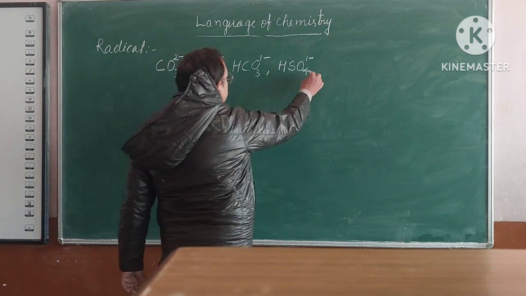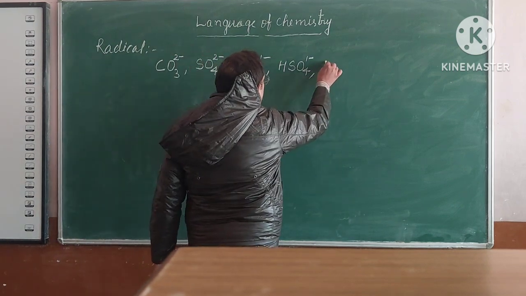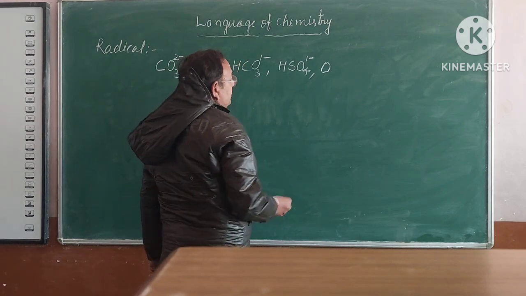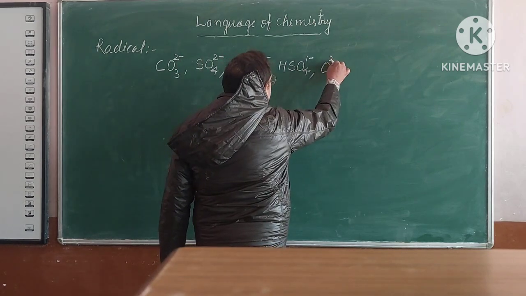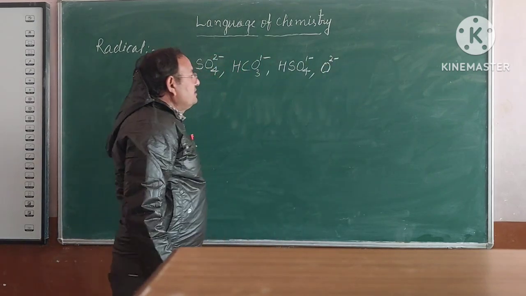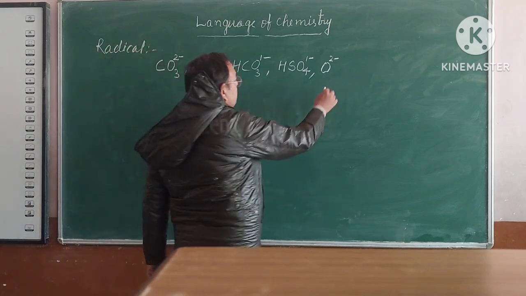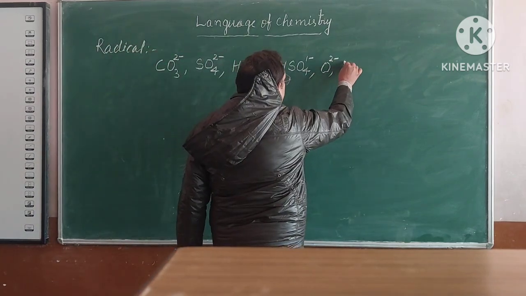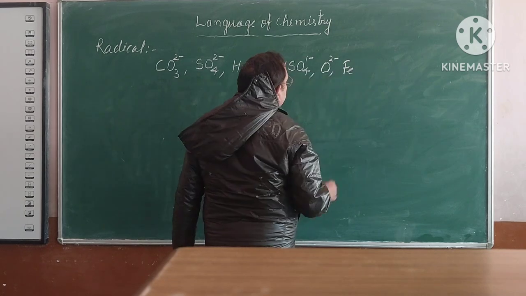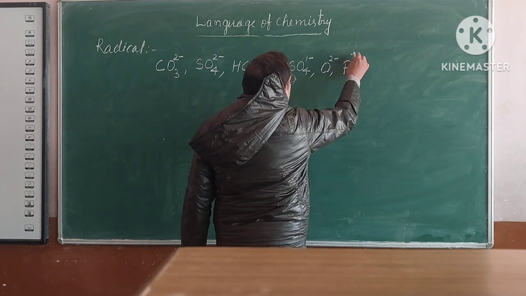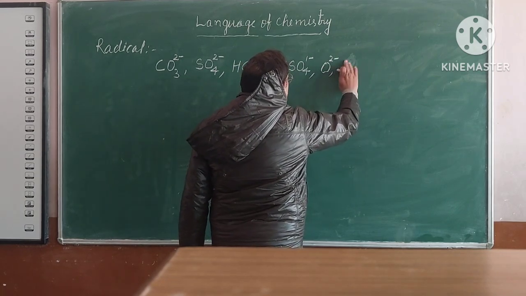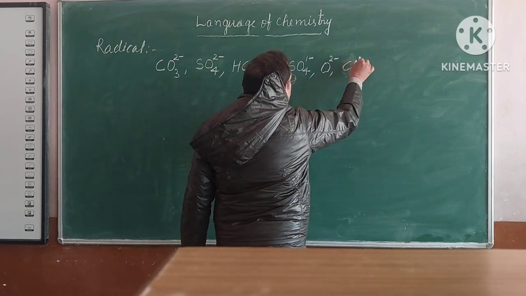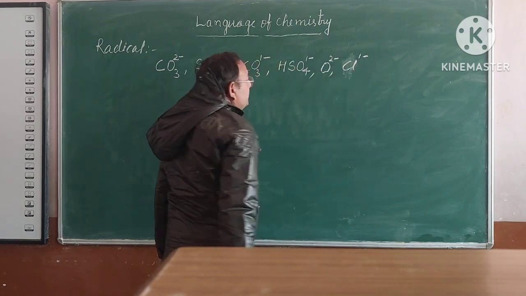And among the negative ones, you also have the oxide radical. It has 2 units of minus charge. Chloride radical, Cl, has -1 unit charge.